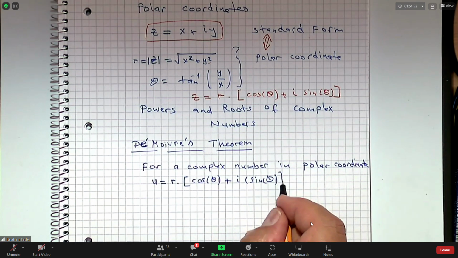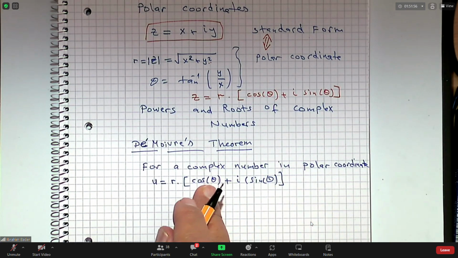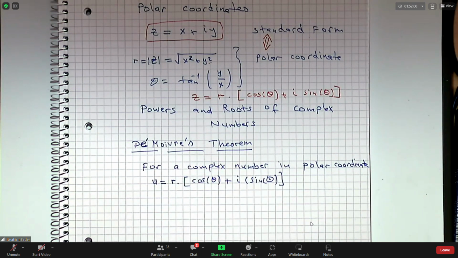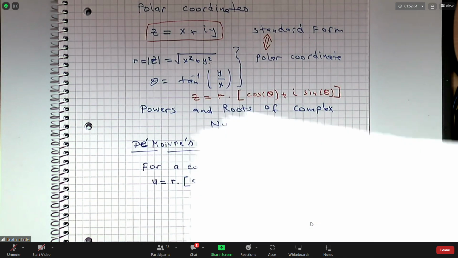So the first component is cosine, the real part, times R, and the second is sine times R. This comes actually immediately from this.